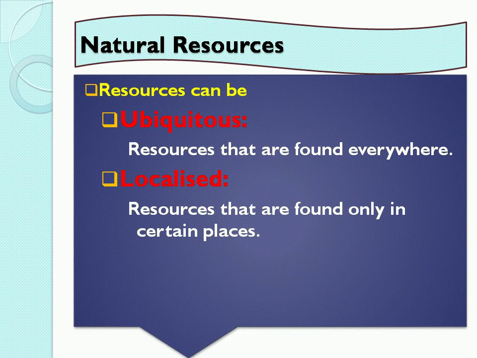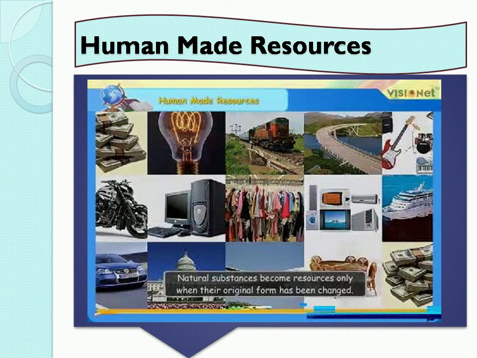See the next one, children, human-made resources. What do human-made resources mean? People use natural resources to make buildings, bridges, roads, machinery and vehicles, which are known as human-made resources.